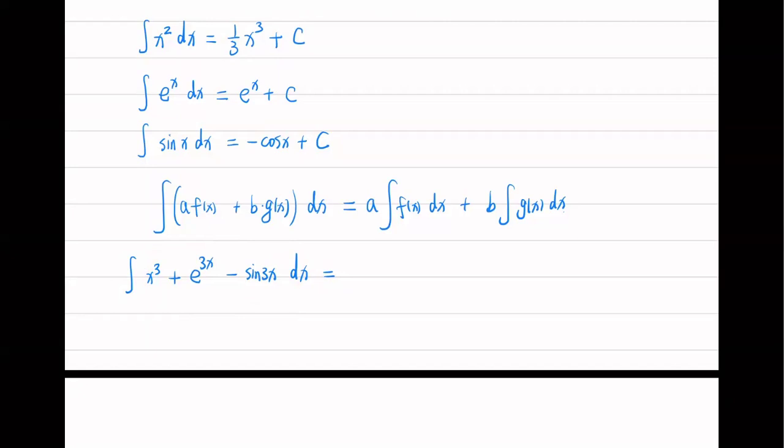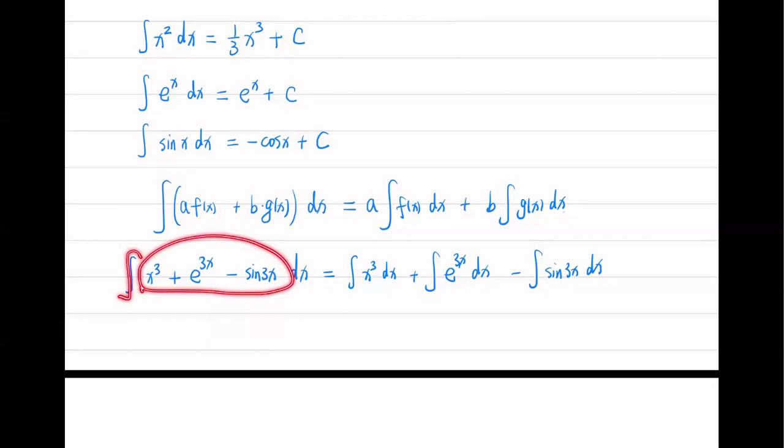First step, we break this one big function into three simpler functions, three simpler integrals. And we use the linear property of the indefinite integrals: the indefinite integral of the combination is a combination of the indefinite integrals.